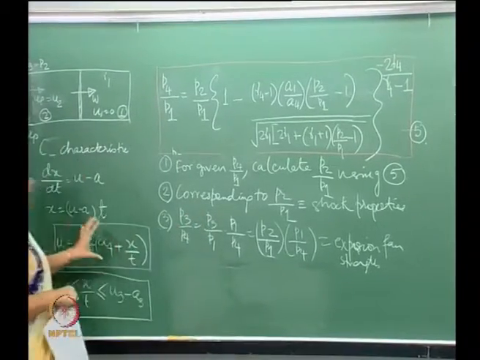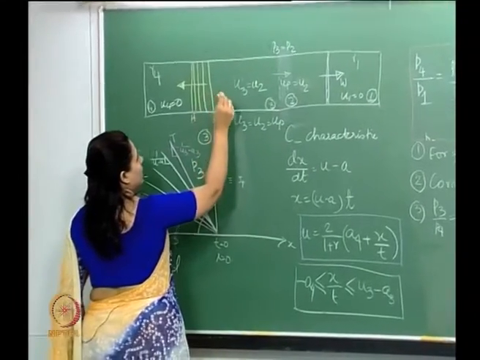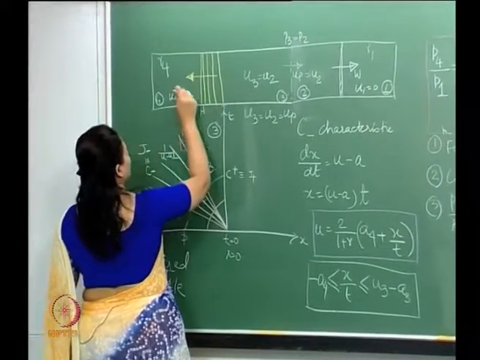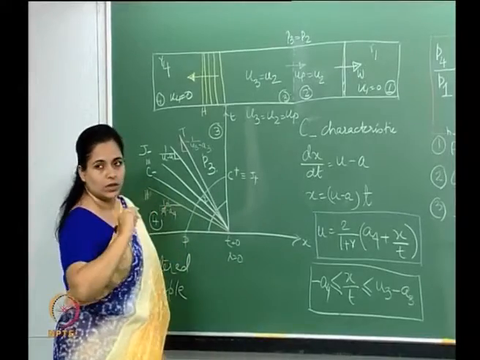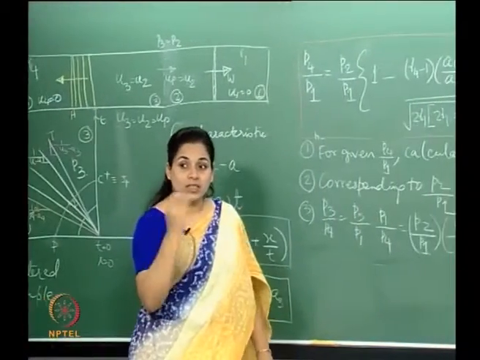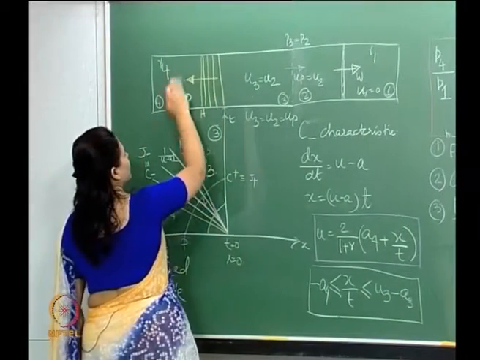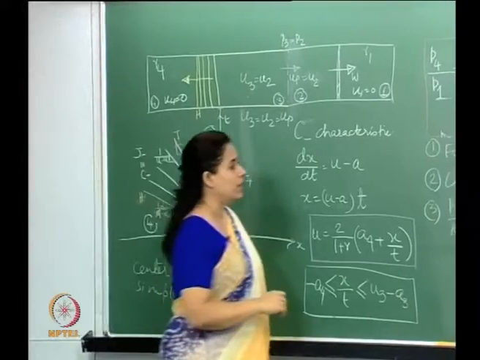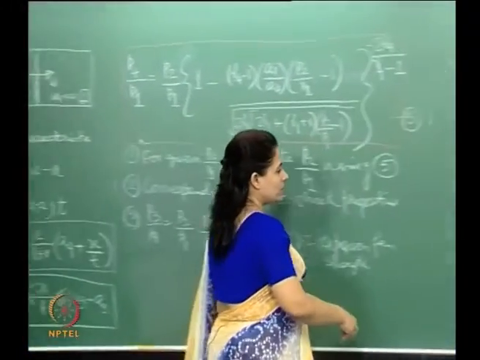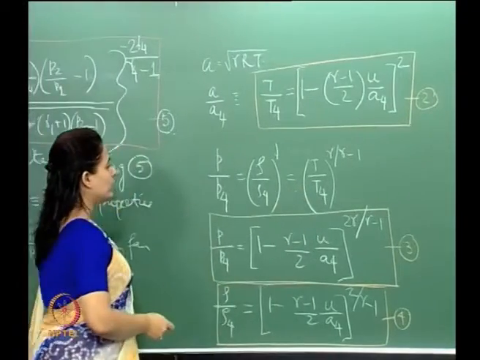So let us now calculate the properties in region 3 and region 4. We are not talking about the inside of the fan, we are just talking about the regions behind and in front of the expansion fan. Now this is the isentropic relationship.